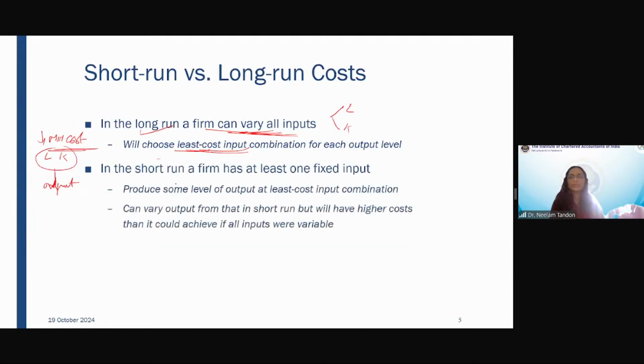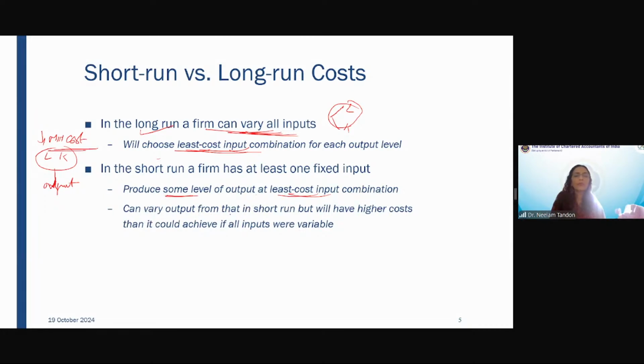In the short term, what happens in the short term? In short term, लॉन्ग टर्म में आपने देखा सब फैक्टर्स वेरी करते हैं. नंबर टू, आप लीस्ट कॉस्ट इनपुट कॉम्बिनेशन लेते हैं बिकॉज यू कैन टेक केयर अबाउट बोथ लेबर एंड कैपिटल फॉर ईच लेवल ऑफ आउटपुट. In the short term, a firm has at least one fixed input, produces some level of output at the least cost input combination.